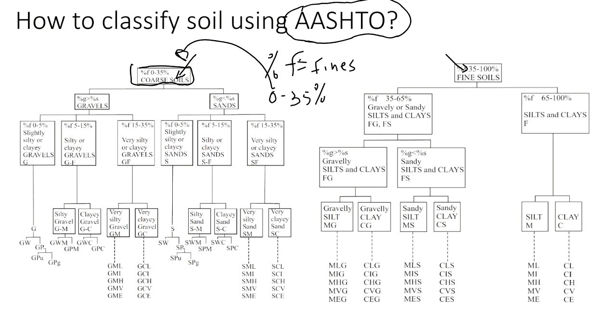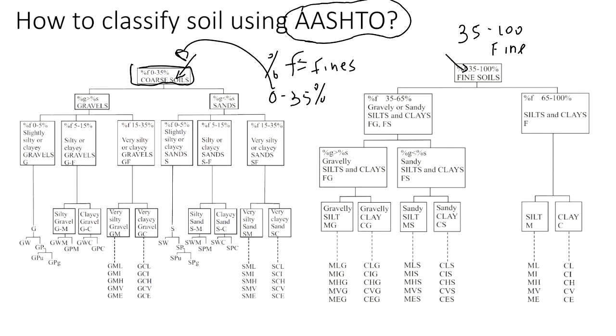If it's more than 35%, from 35 to 100, it's a fine soil, and you use this chart. So when we classify soil, it's very important to know the amount of fines, not just clay or silt, but clay and silt together. It will give you the amount of fines, and after that, you just classify the soil.